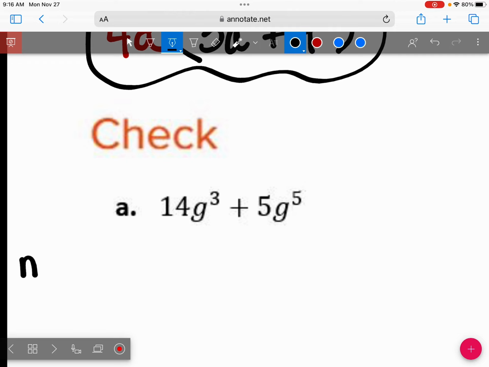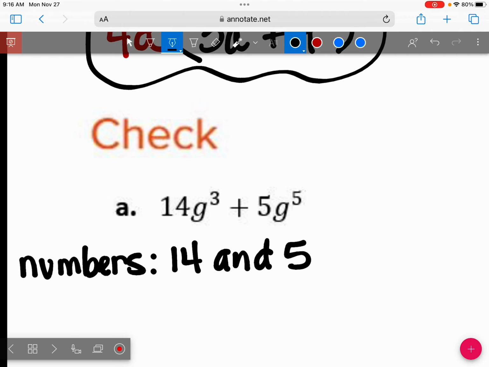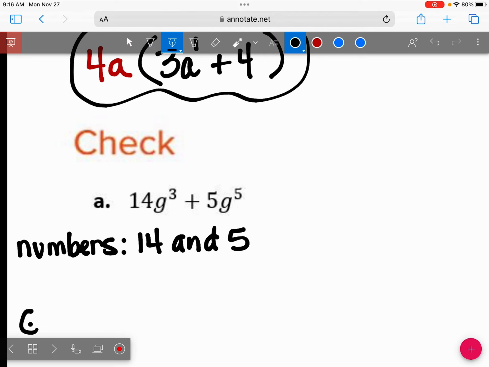When I look at my numbers, I have 14 and 5. They don't have a number in common. Can you divide 14 by 5? No. So my GCF would just be a 1. So far I have a GCF of 1.